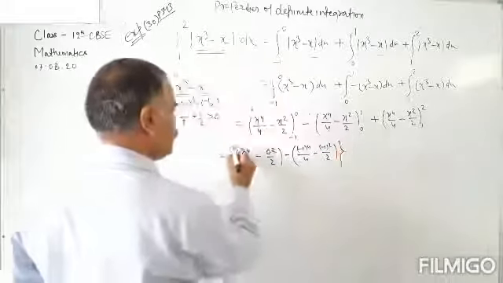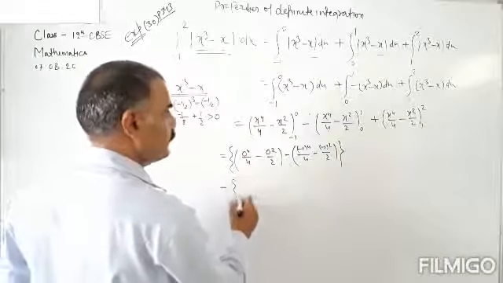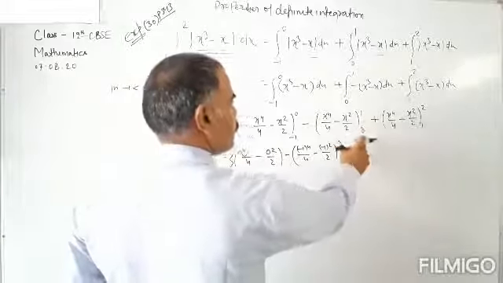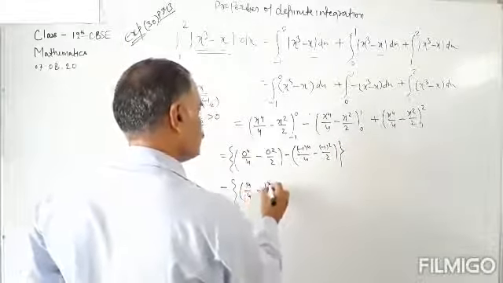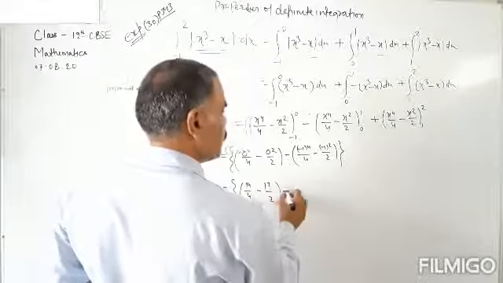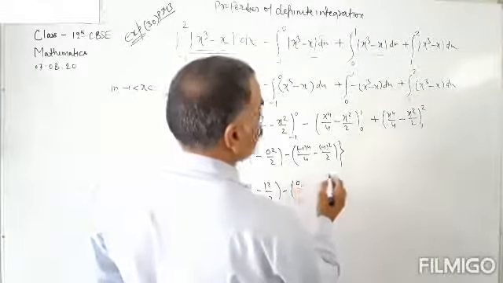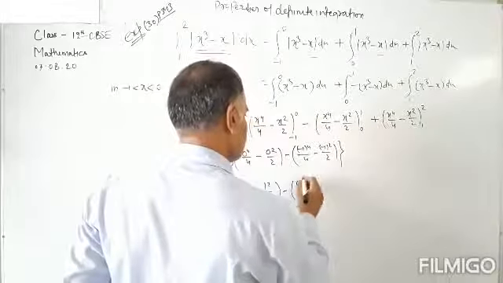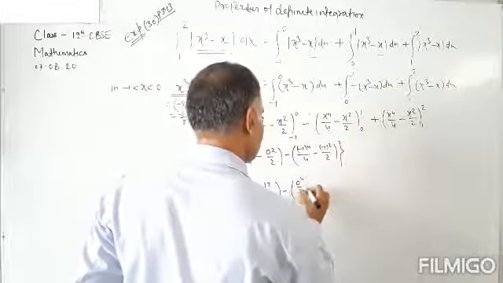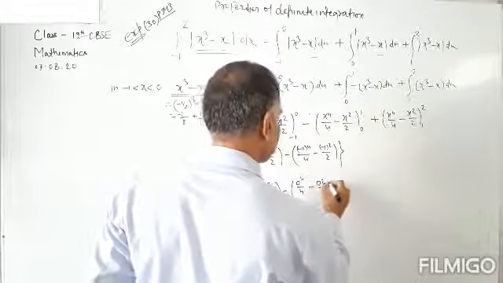So this is the first integration, upper limit minus lower limit. Then upper limit 1 to the power 4 upon 4 minus 1 square upon 2, minus 0 to the power 4 upon 4 minus 0 square upon 2.